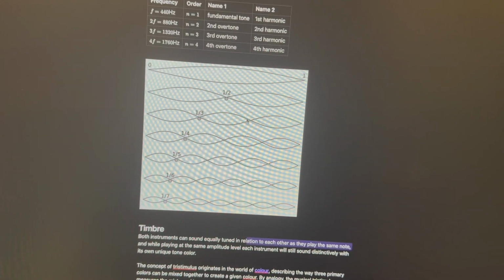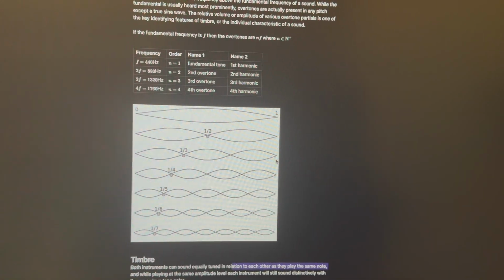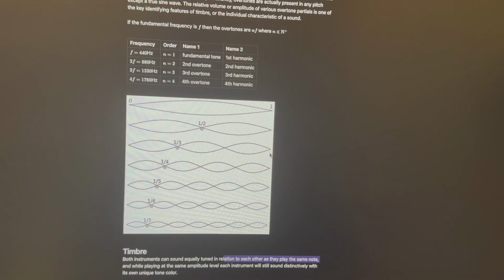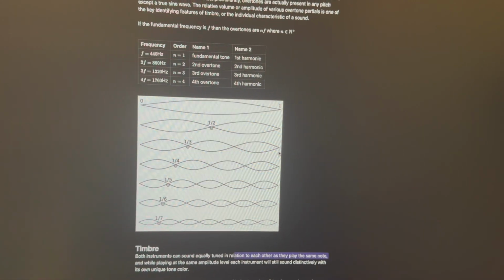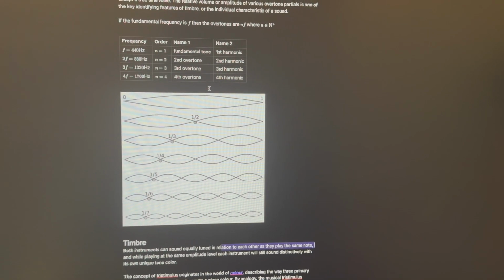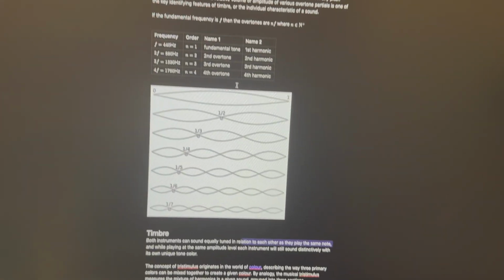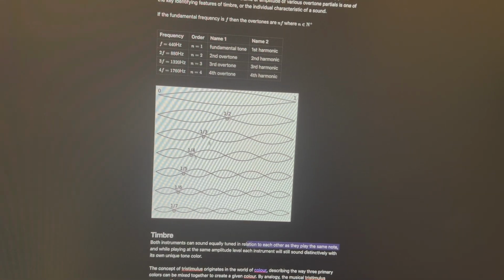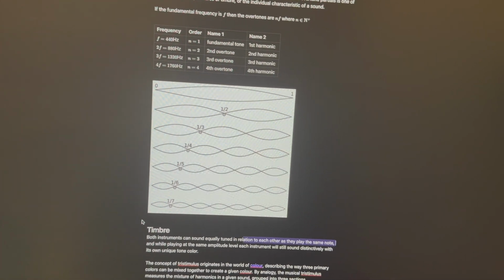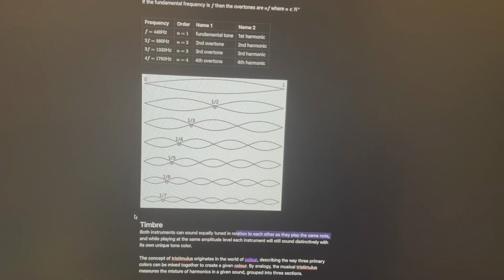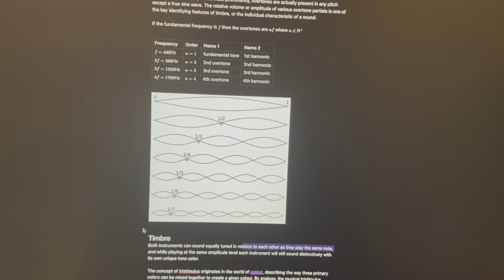So maybe this distribution of frequencies is slightly different for a piano or a cello or the human voice, and that's what gives each sound its unique profile. Our hypothesis was that if we can replicate the sound profile of different instruments, we can make sounds that sound like instruments in their pure form.